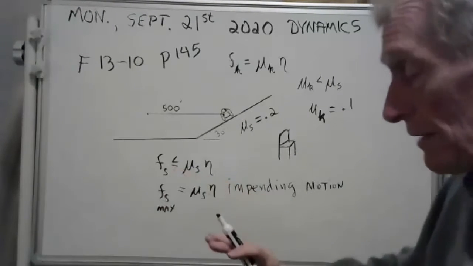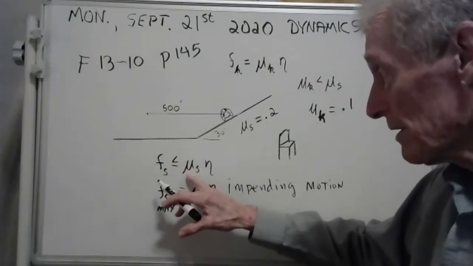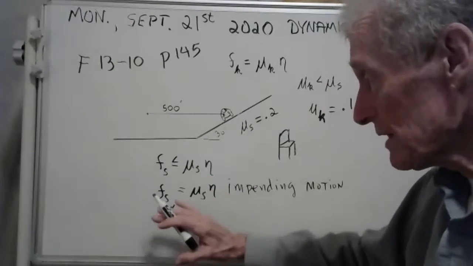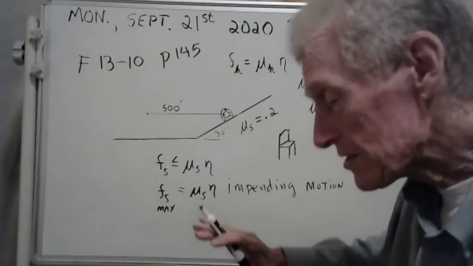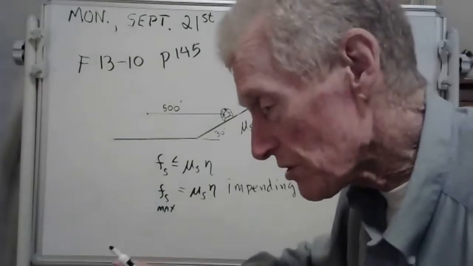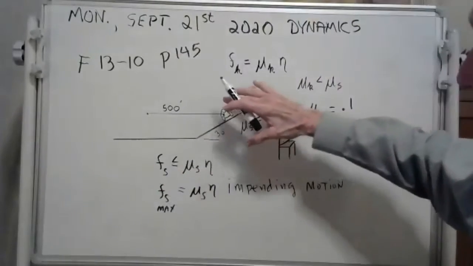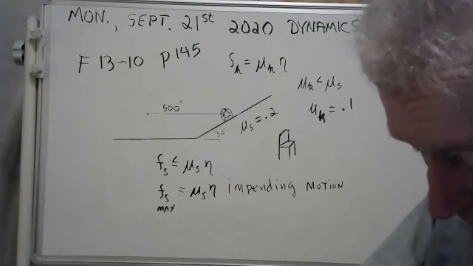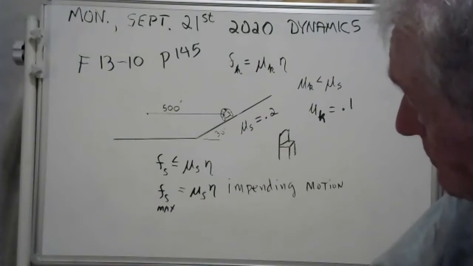While you gave it a very gentle push, this is less than. And when you reach the place of impending motion, this is equal to. And when you break the static friction and the chair starts to slide across the kitchen floor, then you've entered the world of kinetic friction.